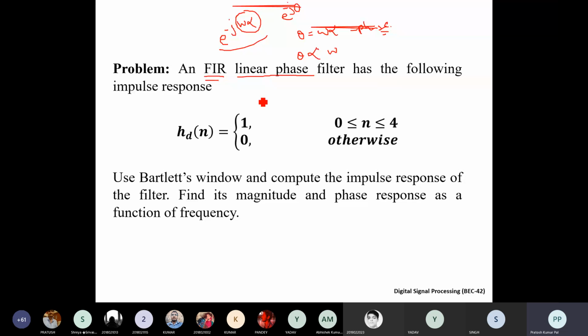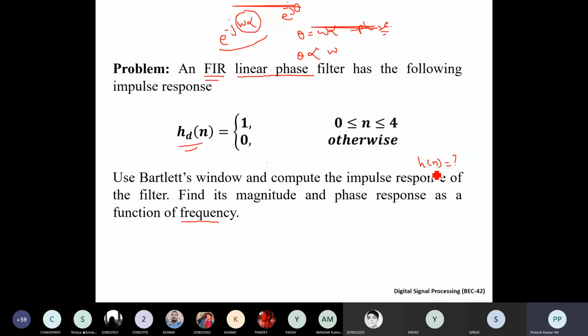It says an FIR linear phase filter has the following impulse response, and it is a linear phase system. We need to find the filter. Here, use Bartlett's window and compute the impulse response of the filter, that is, find h of n, and find its magnitude and phase response as a function of frequency.